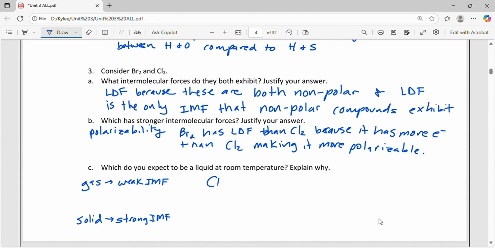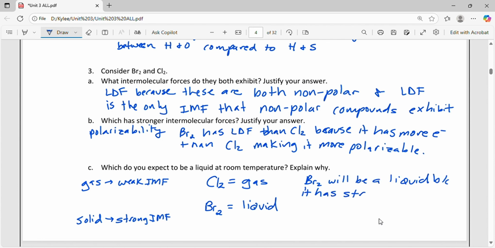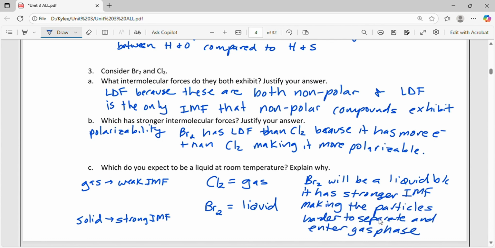Out of these two, chlorine, I'm probably going to expect that it's a gas. Bromine, though, because it has a stronger IMF, it's going to be a liquid. And then I need to be able to explain why. So I'd say Br2 will be a liquid because it has stronger IMFs, making the particles harder to separate and enter gas phase. All right, that is 3.1.